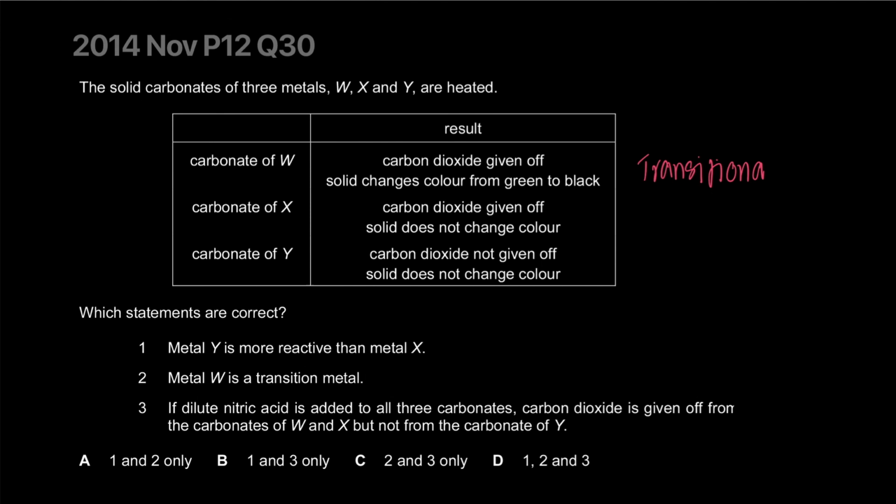I'm assuming they're talking about white carbonate to white oxide. Once carbon dioxide is liberated, it does not change color. Nothing happens for Y. The statements are correct. Metal Y is more reactive than metal X, while it's less reactive.